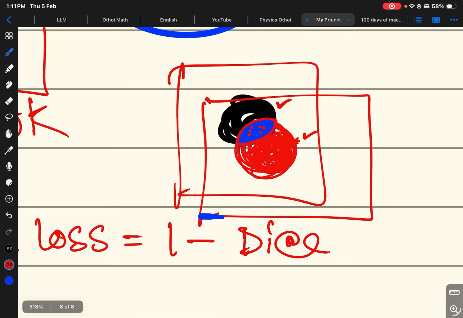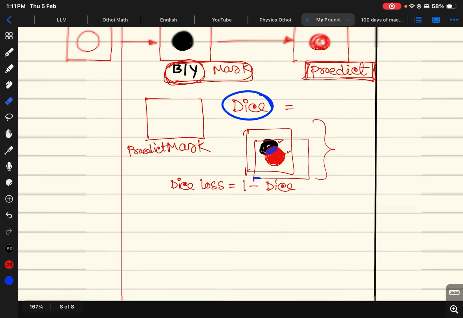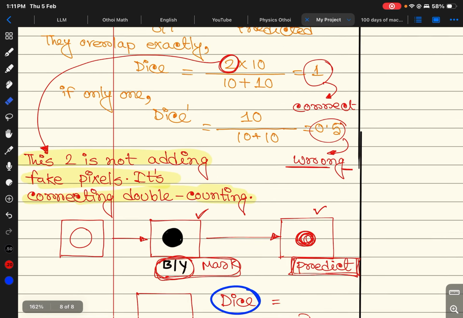So if we want to understand how much portion of the combined total image has been correctly measured, we have to multiply this by 2 to understand how many pixels are correctly predicted in the overall image. So this is the concept of dice.